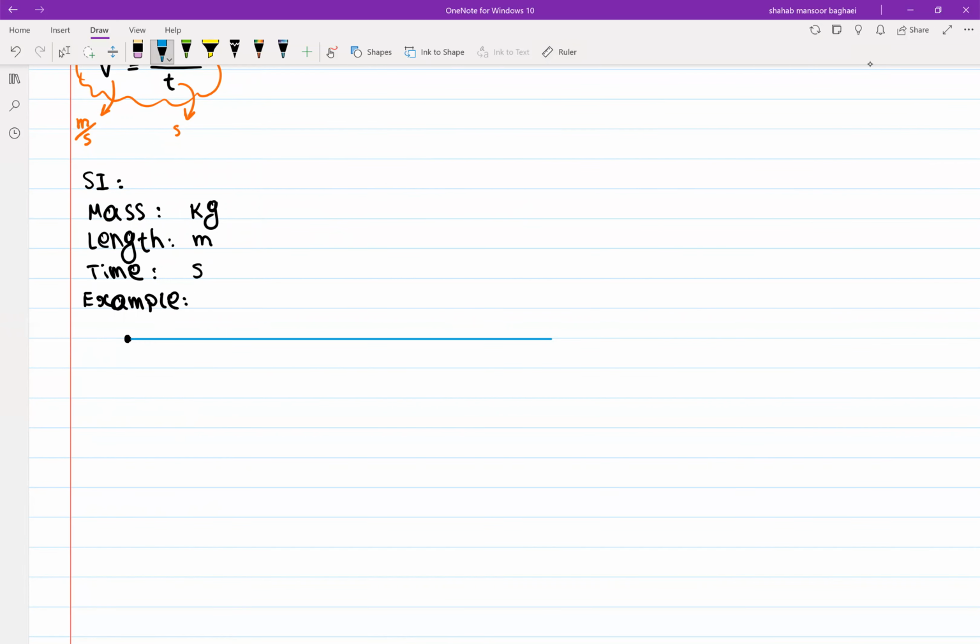We can see that this particle travels from here to here, from the first position to the last position. It travels 120 meters in 10 seconds.